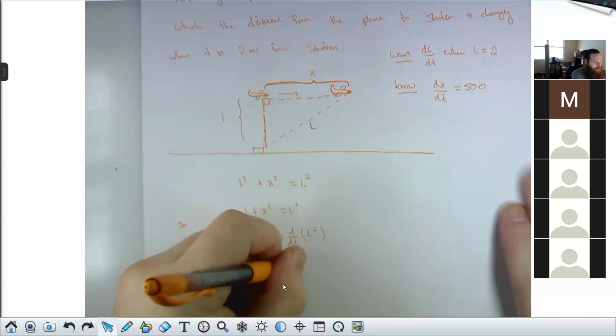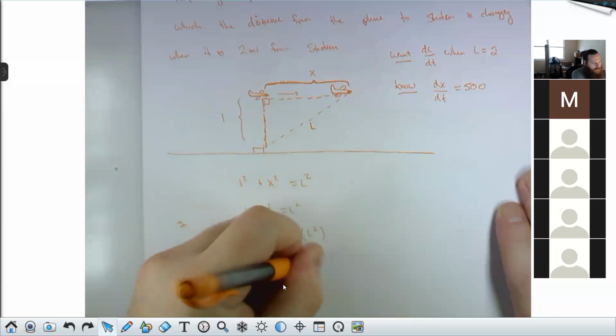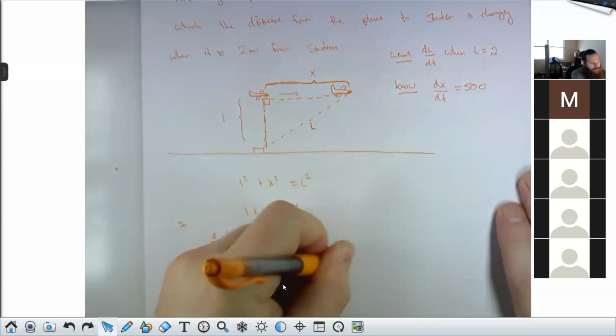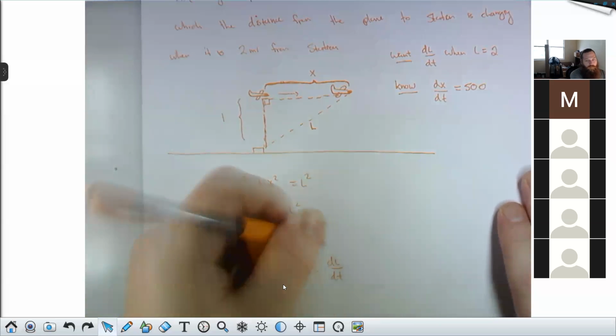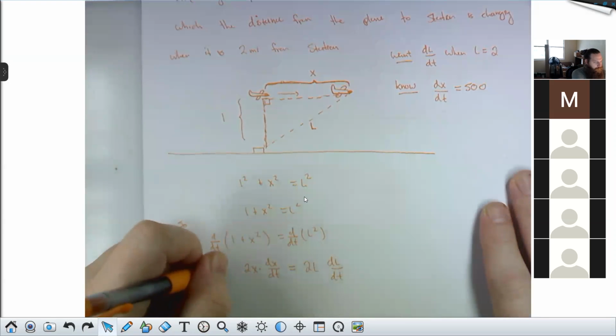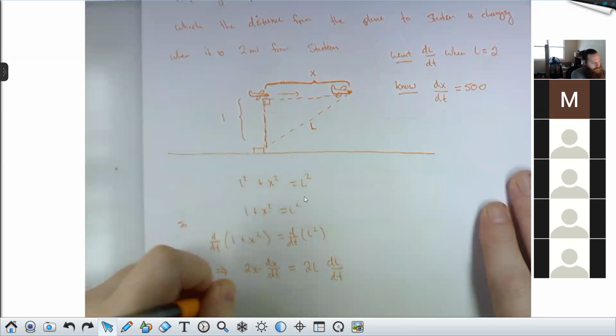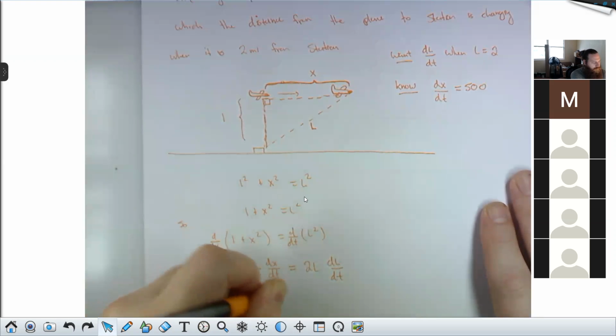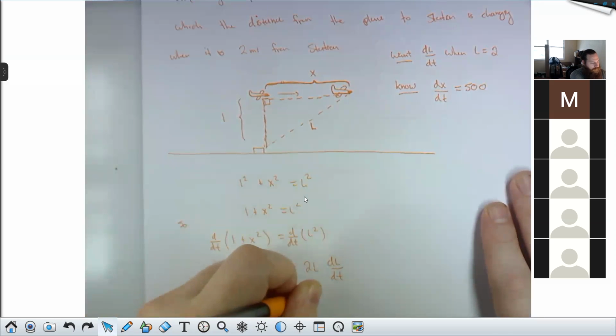On the right-hand side, we have a similar thing. We're going to get 2L dL/dt. We can divide both sides by 2 if you want. We get x times dx/dt equals L times dL/dt.